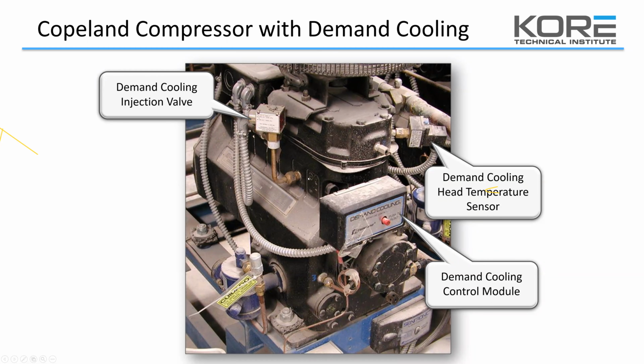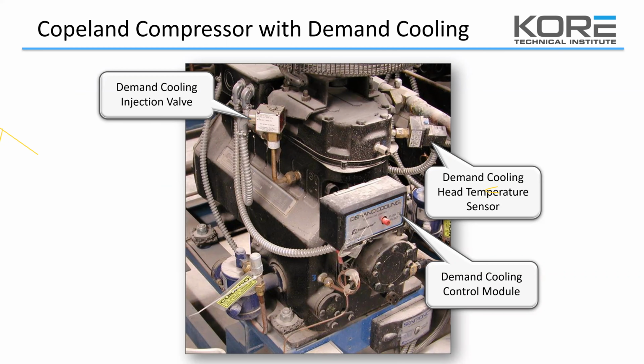And obviously different compressor formats have this liquid injection in different spots. There are several manufacturers, several applications where they do inject it directly into the suction line near the back of the compressor, but just be aware of the format, whatever it is that you're working on and looking at.